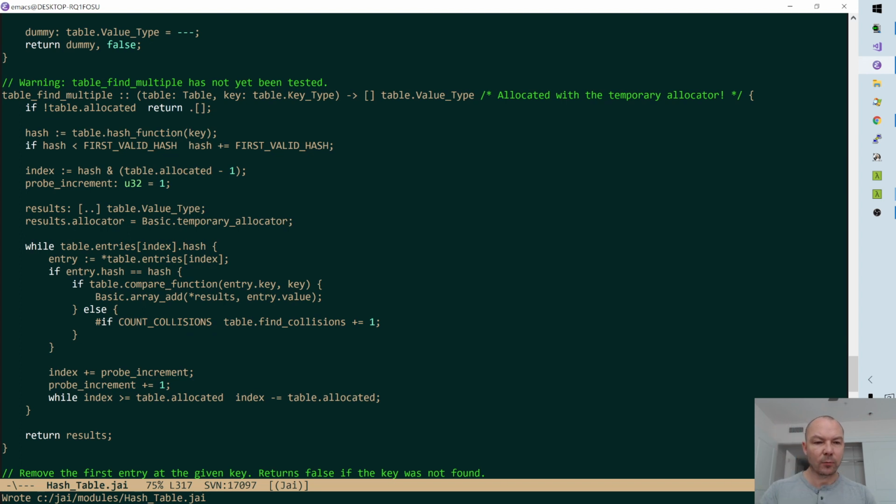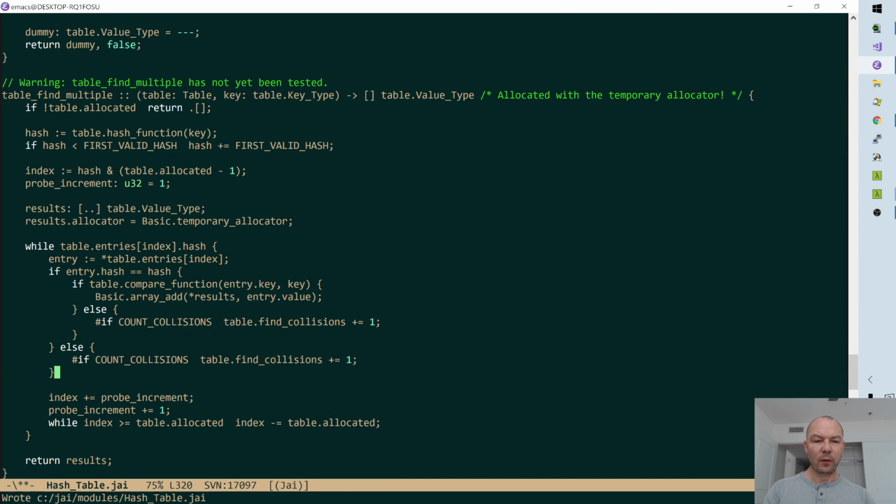Oh, actually, no. This is gross. If it's the same hash, we count a collision here, or there if it's a different hash. That's kind of gross. I don't like it.